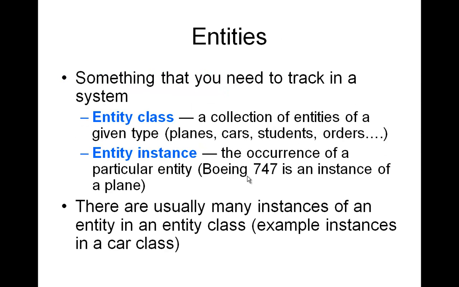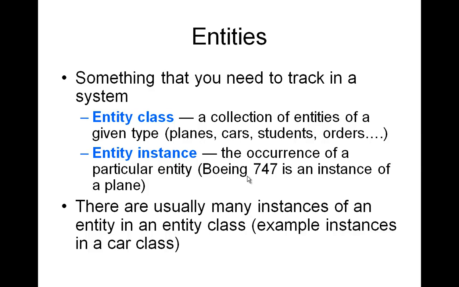Now remember, an entity is something that you need to track in the system. If you can identify a collection of entities of a given type, such as plane, car, employee, customer, order, then this is called an entity class.